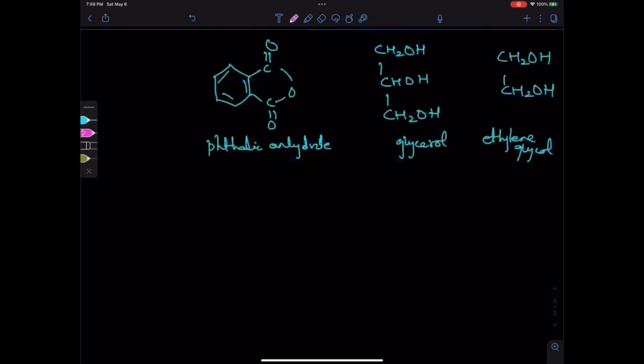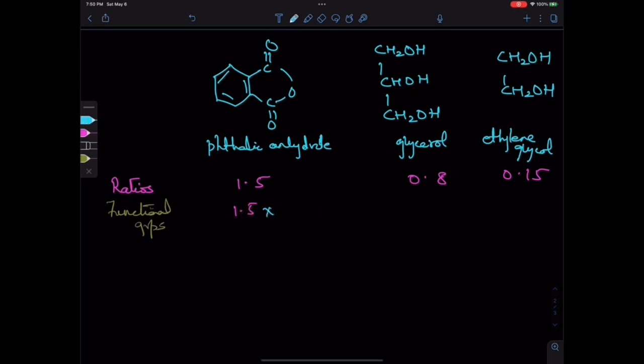Now part C, we have phthalic anhydride, glycerol and ethylene glycol in the ratios 1.5, 0.8 and 0.15. Let's again calculate the total functional groups. 2 carboxylic acid groups for phthalic anhydride, so 1.5 times 2 is 3.0. 3 hydroxyl groups for glycerol, so 3 times 0.8 is 2.4.